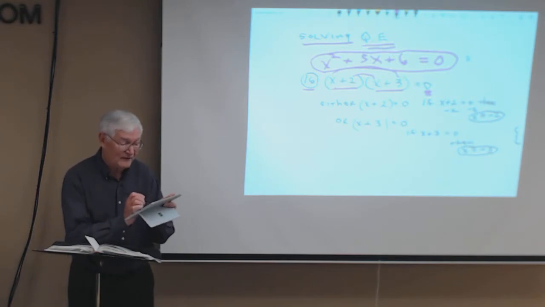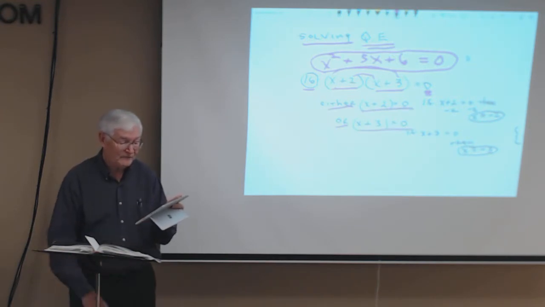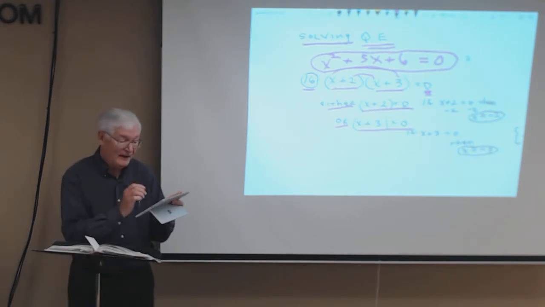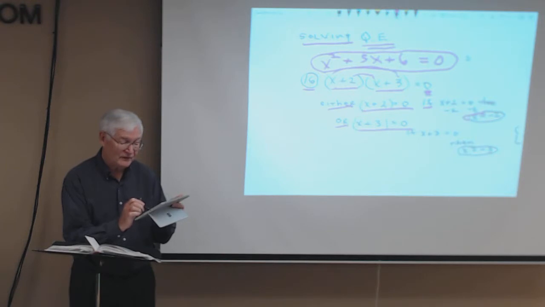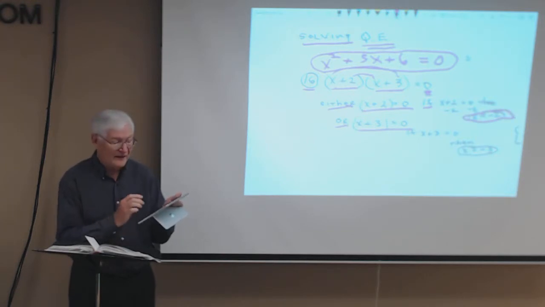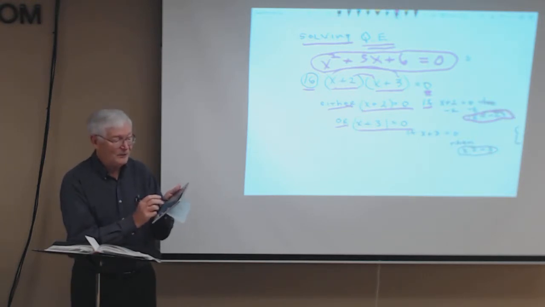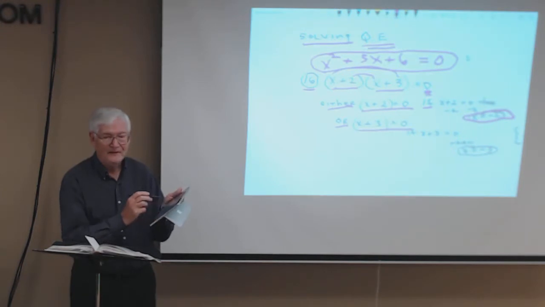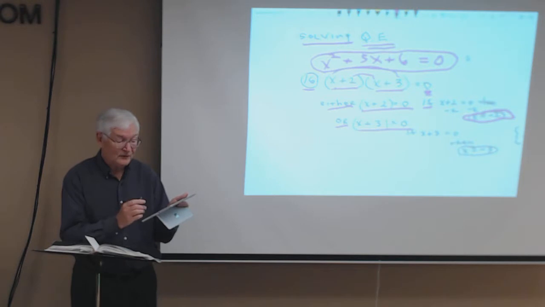So either this is 0 or this is 0. If this is 0, then x equals negative 2. You go, how do you get that? Okay, what would I have to put in place of x to zero that out? Negative 2. So negative 2 is one possibility.